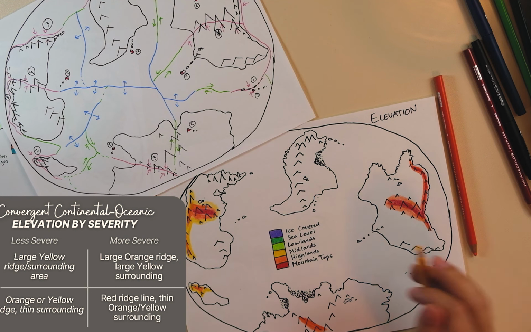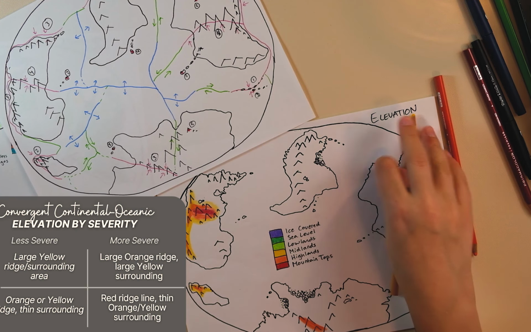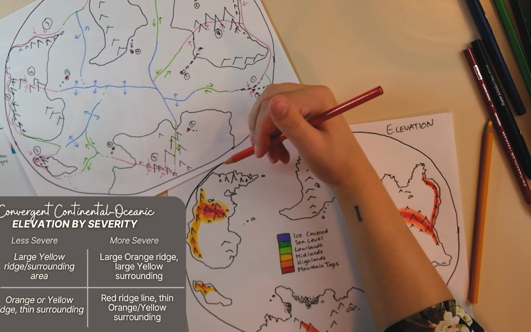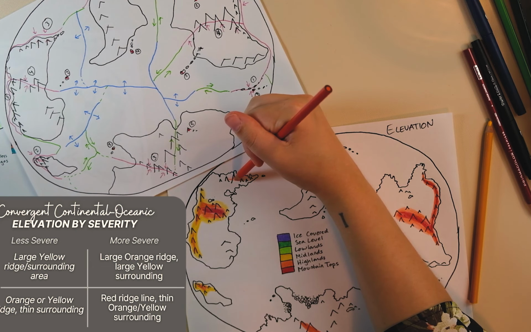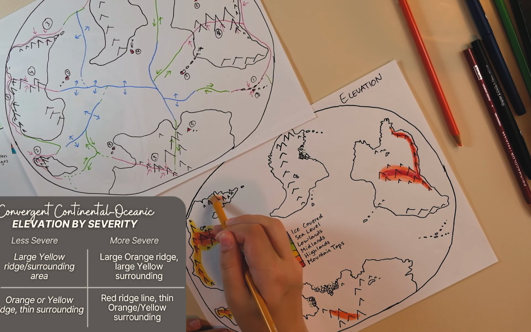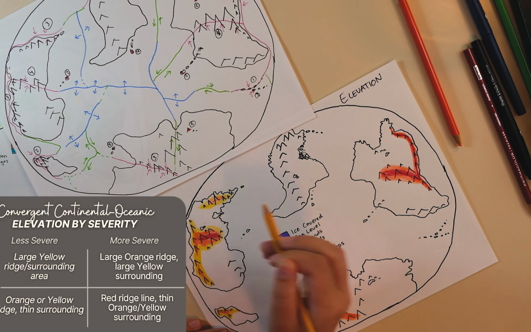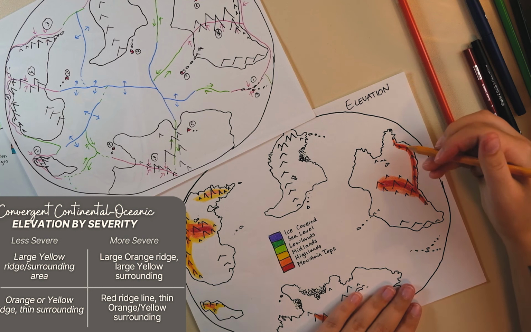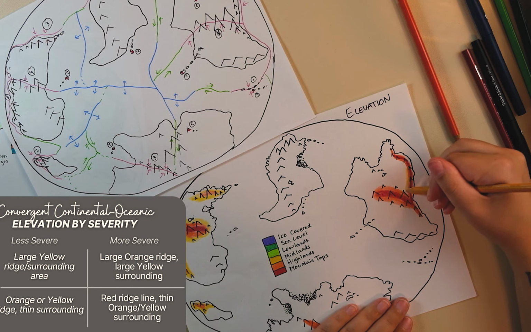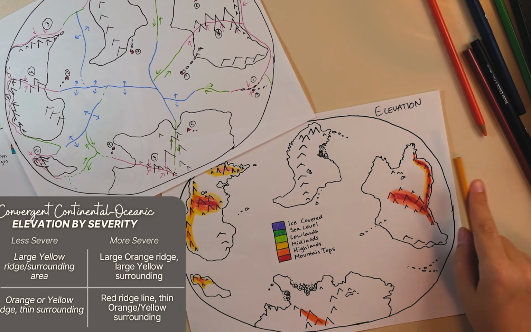Roughly like there. And then this is a 3. This is, again, on that steeper side, so we're going to have it go up into the orange just a little bit. And then give it some yellow. We'll add a little bit of yellow in here, just to give a hint of that.